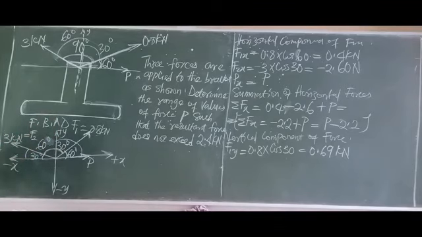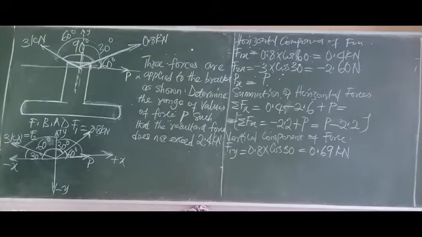So which means the force in the vertical direction is a positive force. And it moves all the way from here to meet this vertical line, covering this angle, 60 degrees.